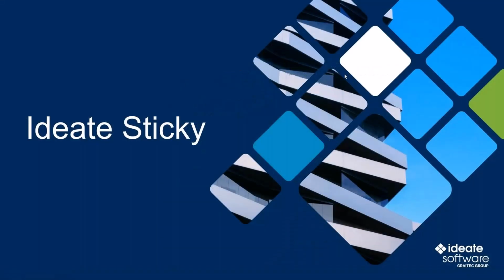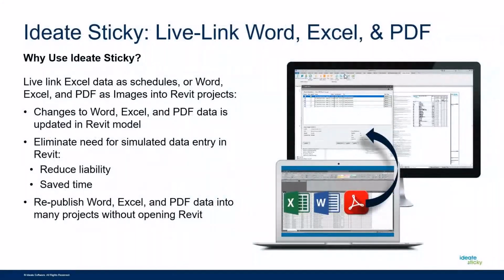All right, well, we're here to talk about integrating non-BIM data into your Revit project with Ideate Sticky. Well, what is Ideate Sticky? Ideate Sticky is an add-on application from Ideate Software that allows you to live link Excel, Word, and PDF data into your Revit project and keep that data up to date.